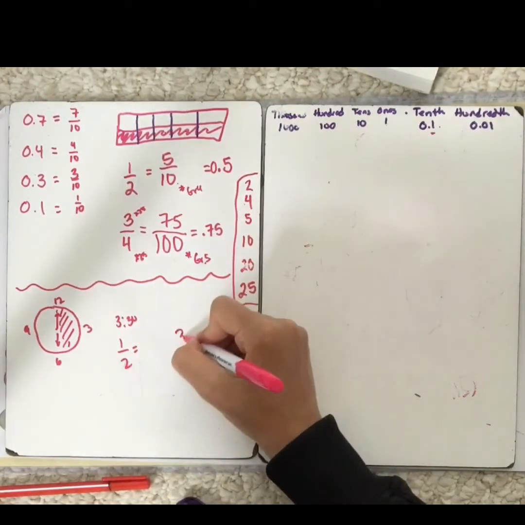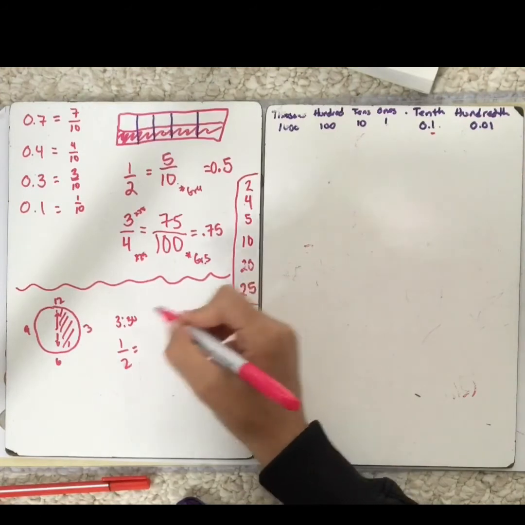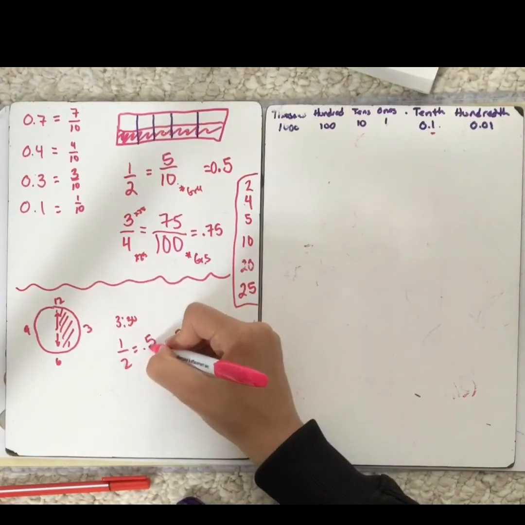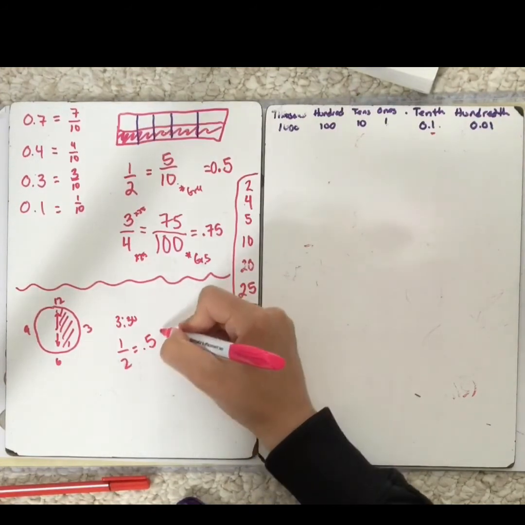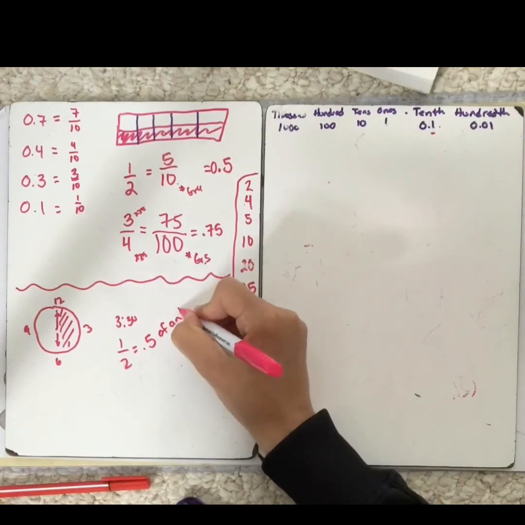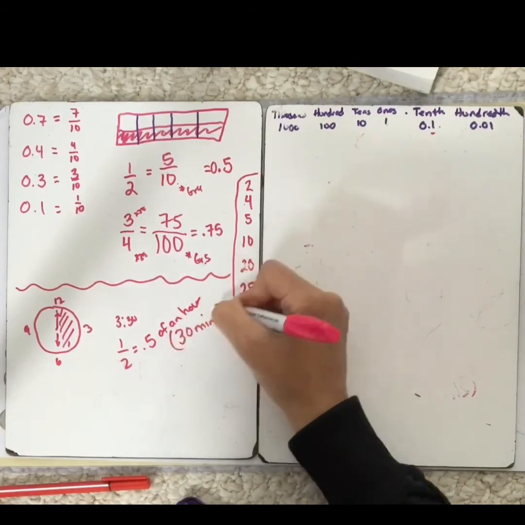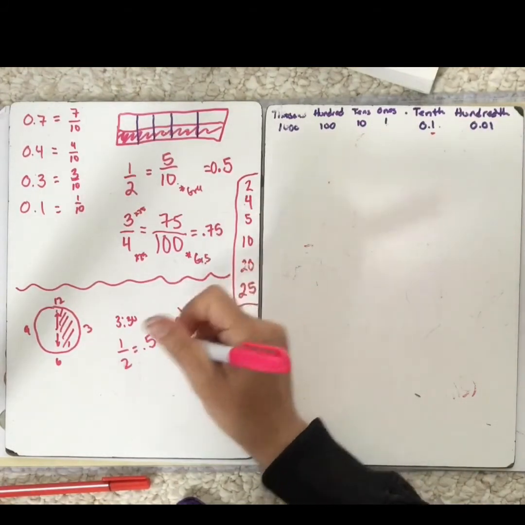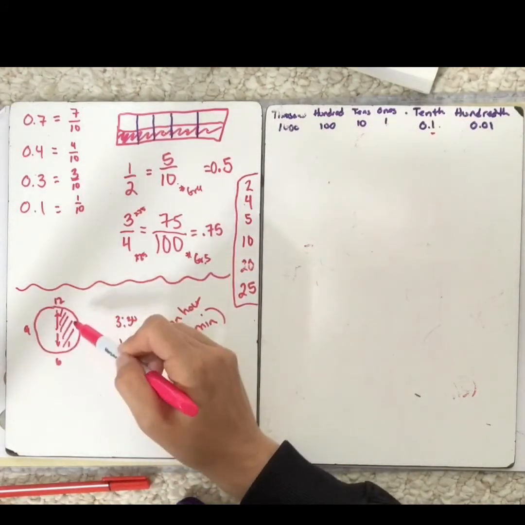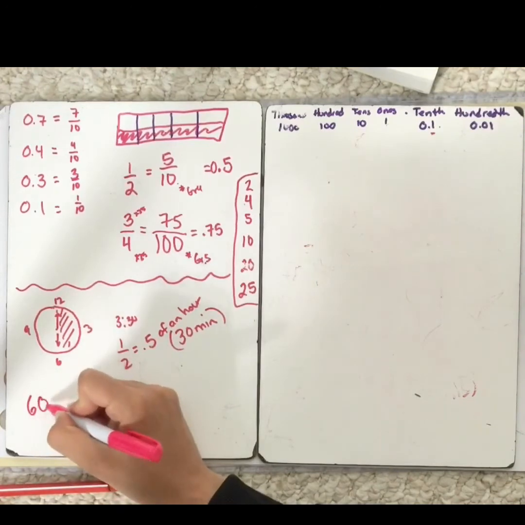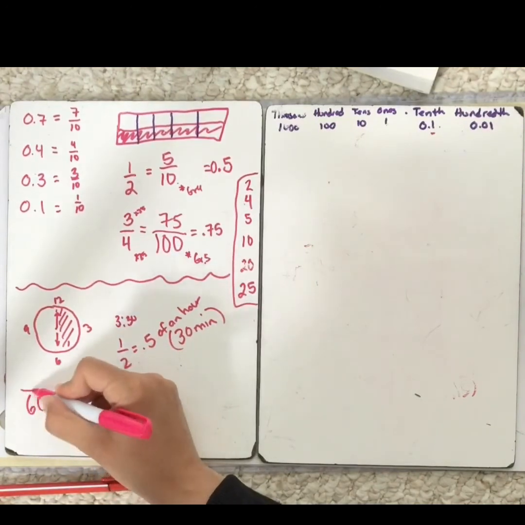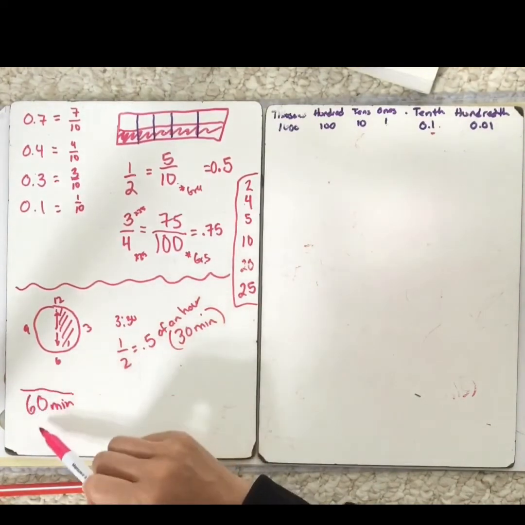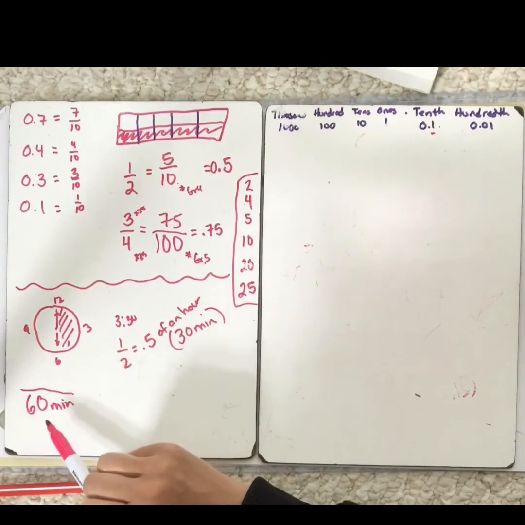Well, it's 30 minutes. So it's still half, as in 0.5 of an hour, but the value there is not 50, it's 30, because our whole is 60 minutes, right? 60 minutes is the denominator now, whereas before with money, the denominator was 100 out of $1.